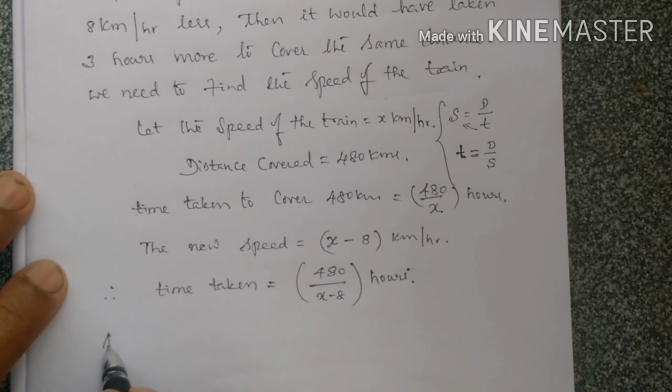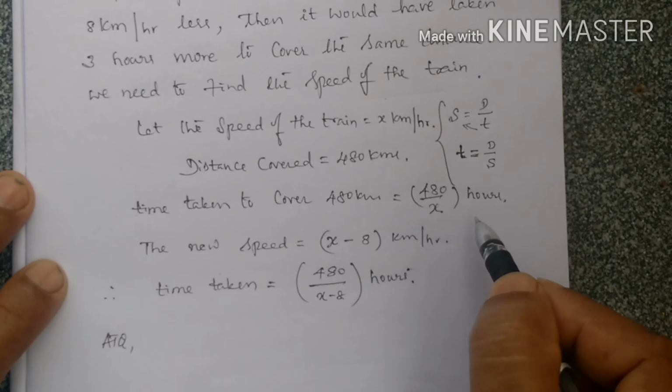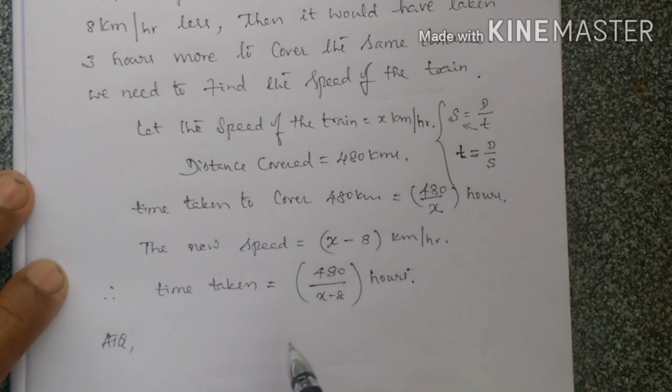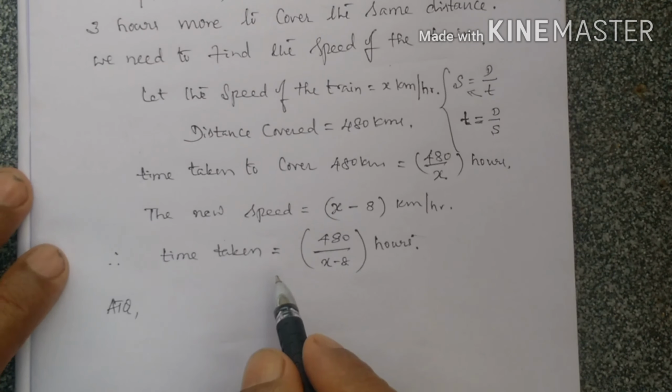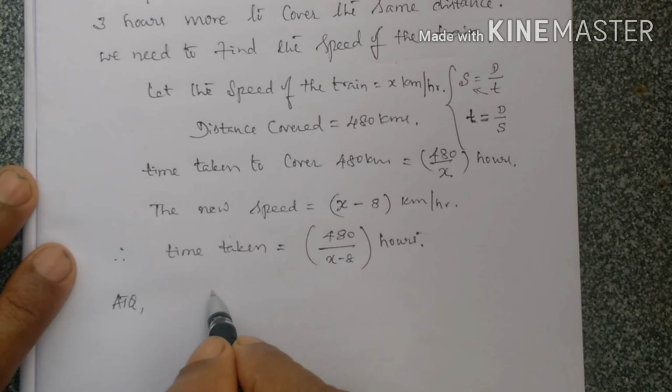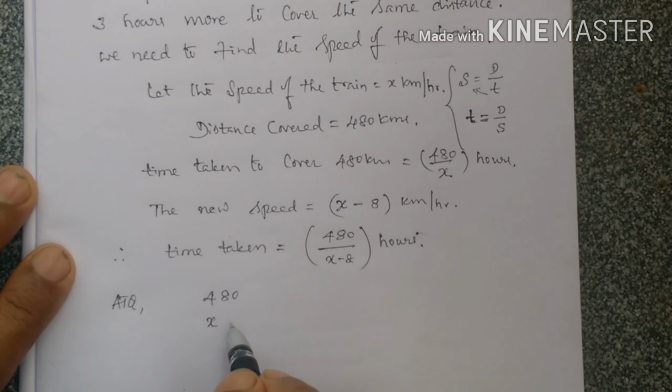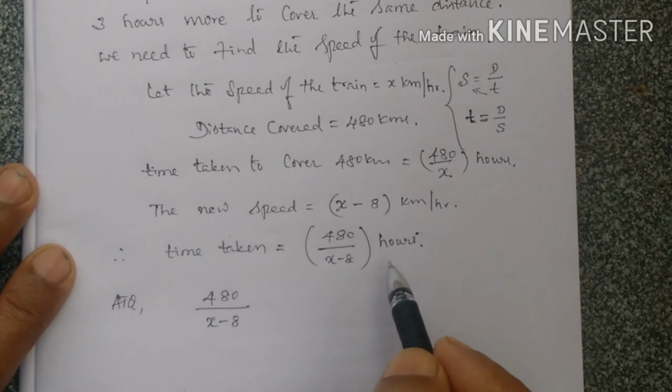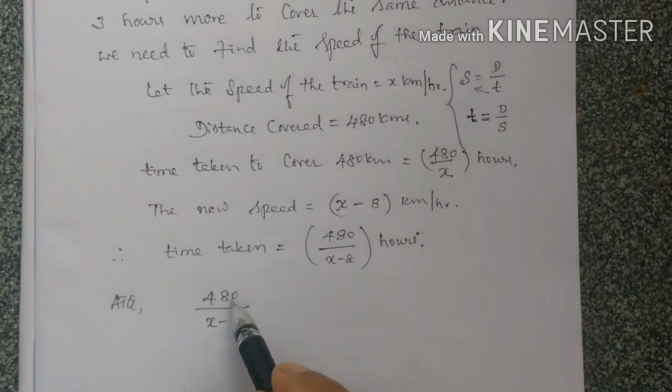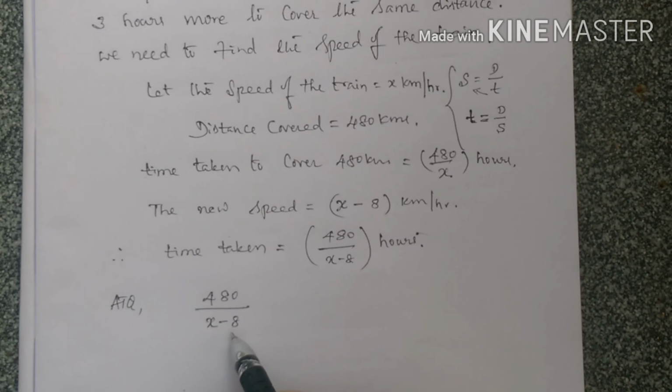So according to the question, now we need to combine these two. When the train is going with a speed of x minus 8 kilometer per hour, the time taken is 480 by x minus 8.